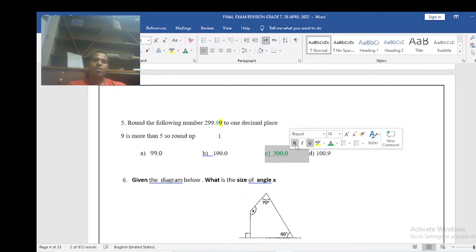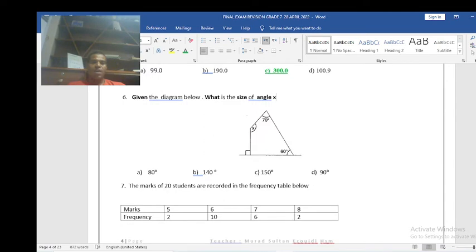Okay, for the second question, we are given the diagram below. This is the diagram, which consists of 4 sides. You can see this is a right angle, this is the variable x, this is 70 degrees, this is 60 degrees. The question is, what is the size of x? You can see this is 90 degrees.